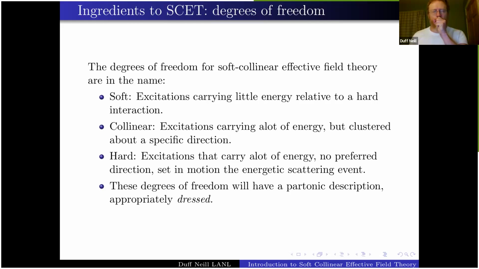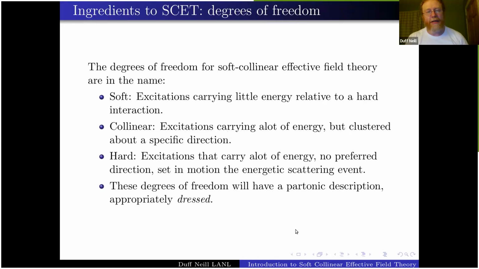By and large, you should think that the hard degrees of freedom in my problem all have to do with the quantum mechanical fluctuations that set the hard scattering event into play. They're not going to be an observable degree of freedom in my effective theory or in my detector.